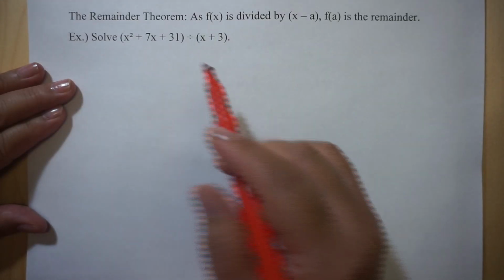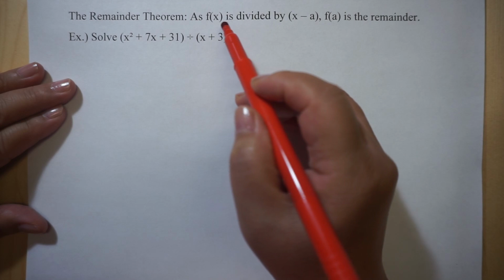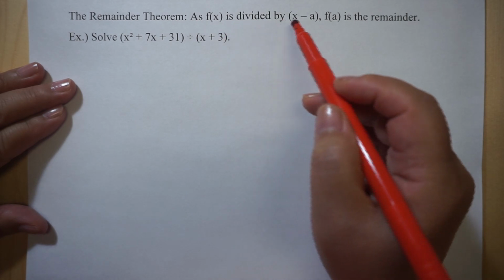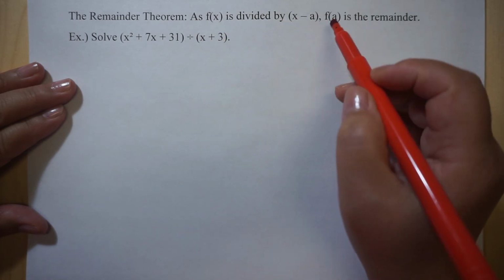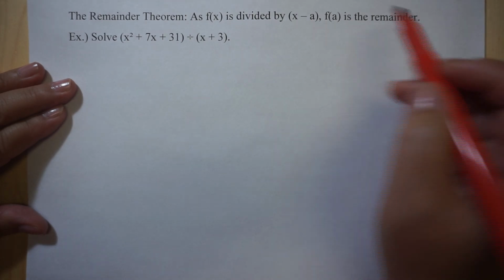Today, we're gonna learn about remainder theorem, synthetic division, and long division. So, let's get started. The remainder theorem: as f of x is divided by x minus a, f of a is the remainder.